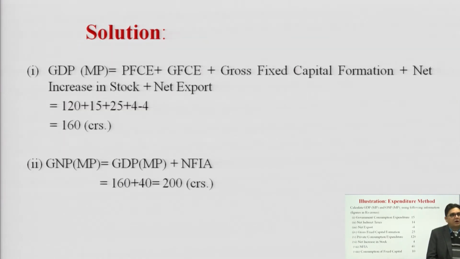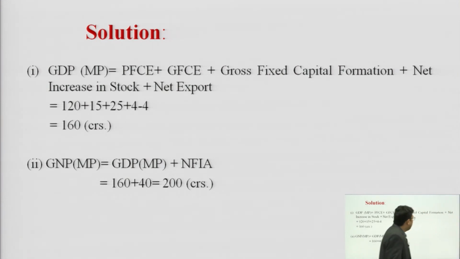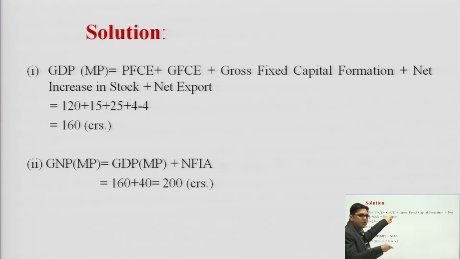Just see how we have to reach. First we will reach GDP at MP. So, it is the formula: private final consumption expenditure plus government final consumption expenditure plus gross fixed capital formation plus net increase in stock plus net export.